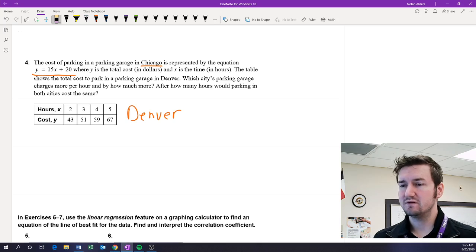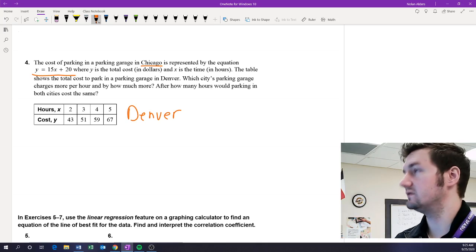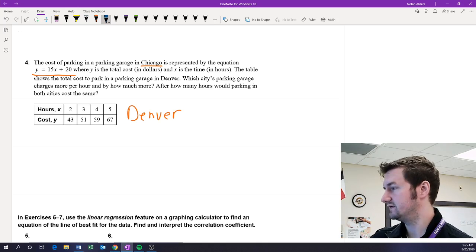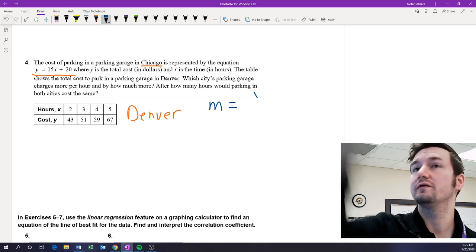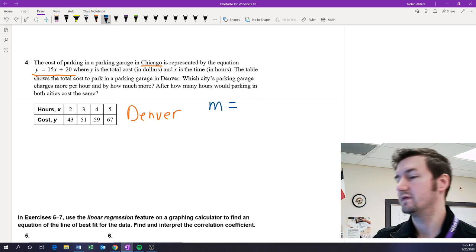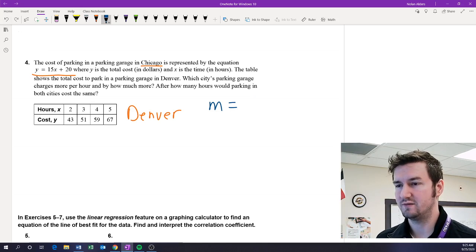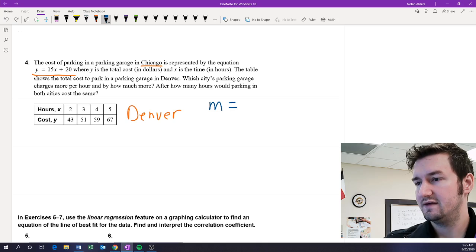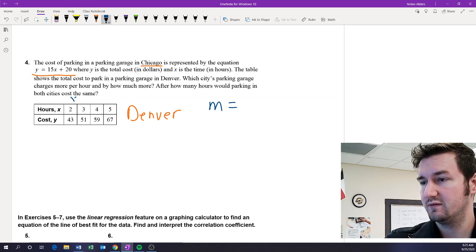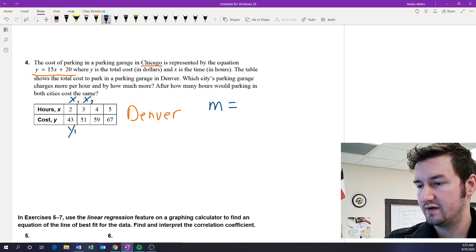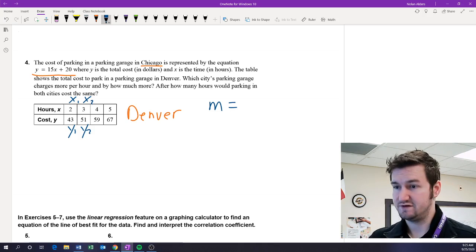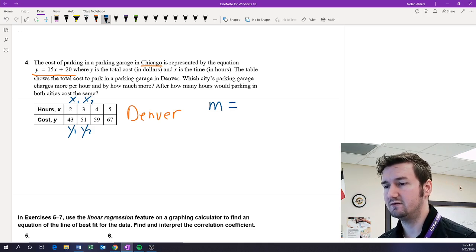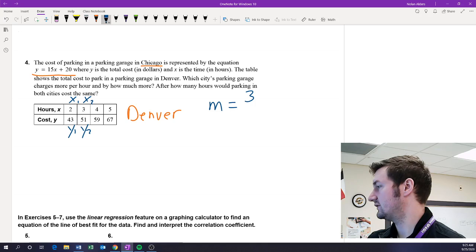Okay, to solve the problem, let's go ahead and figure out our slope. So let's do m equals, you know the formula, y2 minus y1 over x2 minus x1. So let's say that this up here will be my x1 and my x2, and we'll say this is our y1 and our y2. It doesn't matter which points you pick. So just pick whichever ones you want. Okay, x2 minus x1, so that's 3 minus 2.